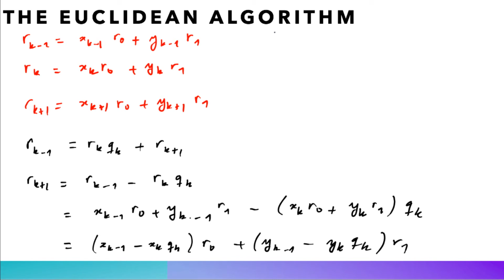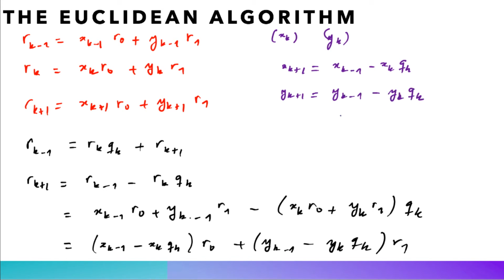From this, we get that the sequences xk and yk are defined recursively by the relations xk plus 1 is equal to xk minus 1 minus xk Qk, and it's the same thing for yk, which gives that yk plus 1 is equal to yk minus 1 minus yk Qk. We see here that xk and yk are defined by the same recursive relation, but they will differ by their initial values.